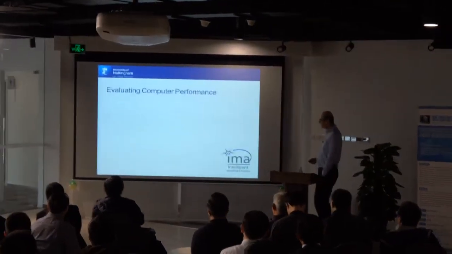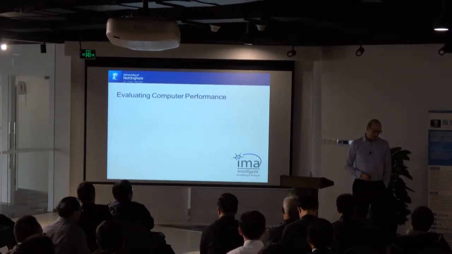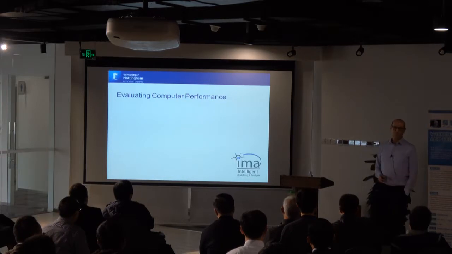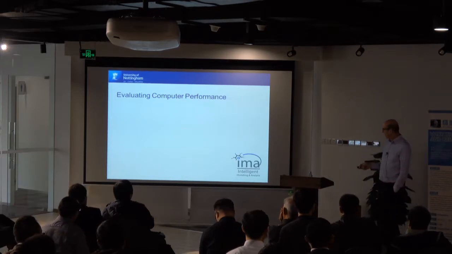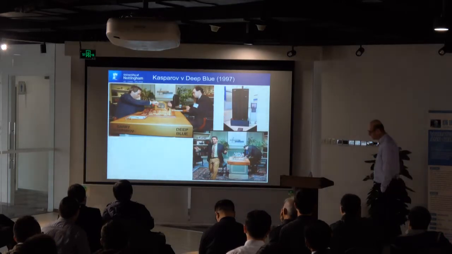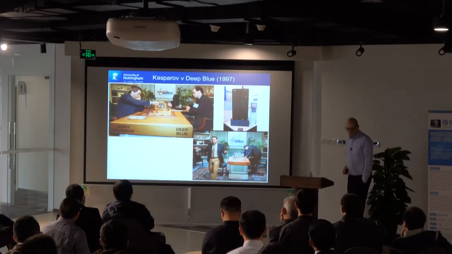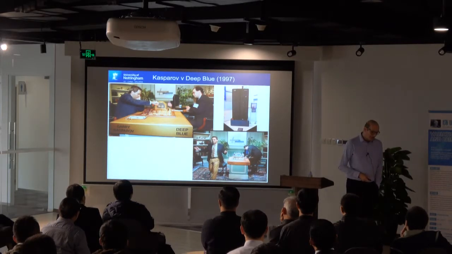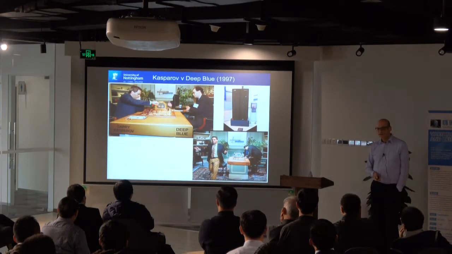I wanted to start off by talking about how we evaluate computer performance. How do we tell whether computers are doing a good job? In order to answer this question, I'm going to lead you through some discussion. In certain areas, evaluating whether a computer is working well is quite easy.